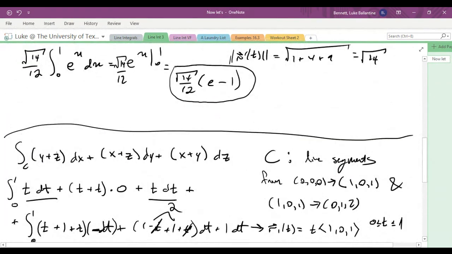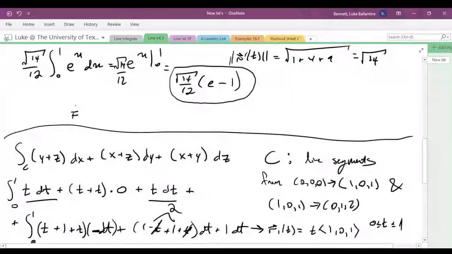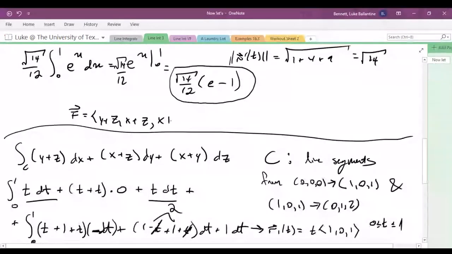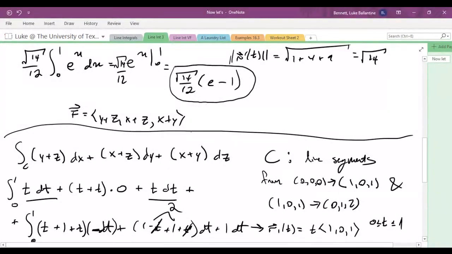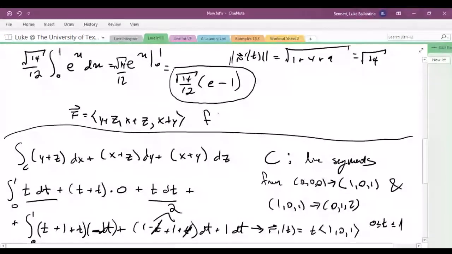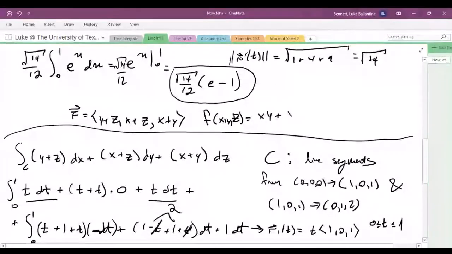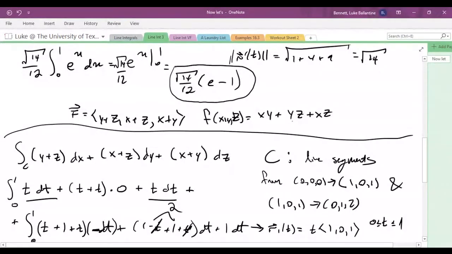So if we write big F as y plus z, x plus z, x plus y, well, we already thought of a function f of x, y, z, and that was xy plus yz plus zx, because when I take the gradient of this f mapping R3 to R, I get a map from R3 to R3, such that we have this equality that the gradient of f is equal to big F. So big F is conservative.